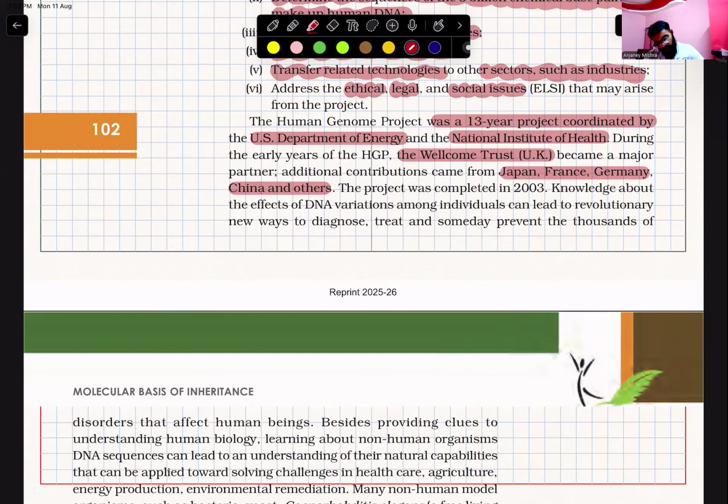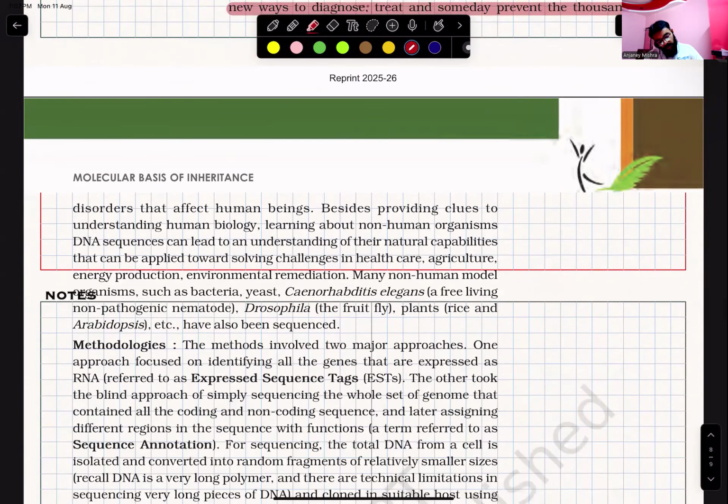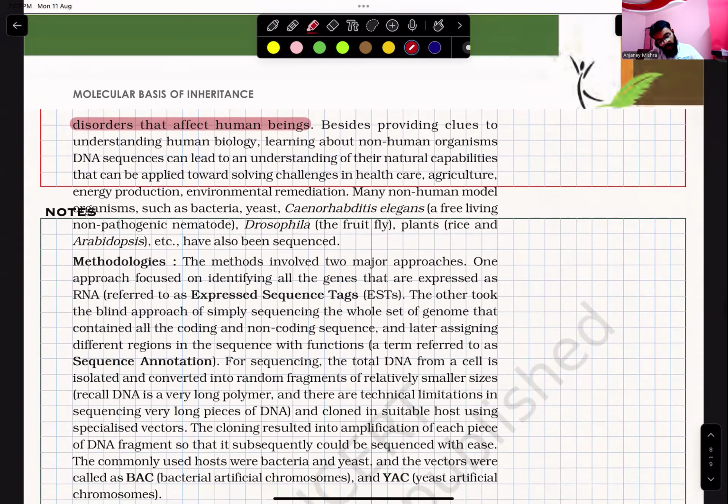The project was completed in 2003. Knowledge about the effects of DNA variation among individuals can lead to revolutionary new ways to diagnose, treat, and someday prevent thousands of disorders that affect human beings. Besides providing clues to understanding human biology, learning about non-human organisms' DNA sequences can lead to understanding of their natural capabilities that can be applied to solving challenges in healthcare, agriculture, and energy production.